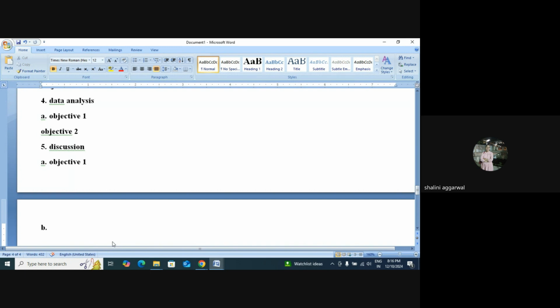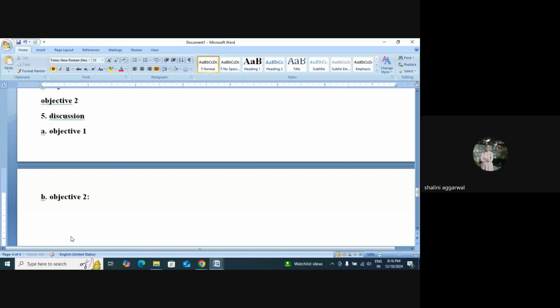So what is required from your side is to mention objective 2 and write the line of the objective. When I'm talking about objective 2, please mention what the objective 2 is over here, and then copy the discussion part of the paper and put it here. Similarly for objective 3, 4, and so on.